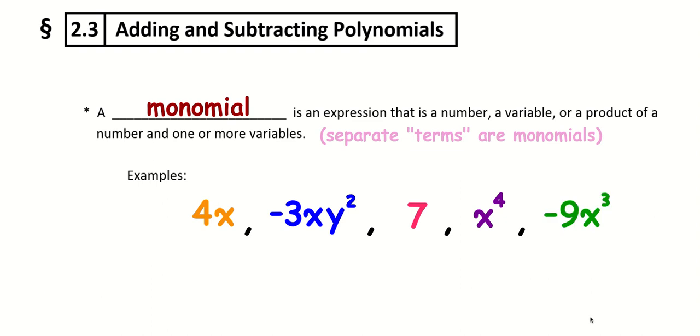And negative 9, x to the third, that is also a monomial. So there's literally an endless list of possible monomials you could have. They're all polynomials, but a monomial is the kind of polynomial where there's only one term.